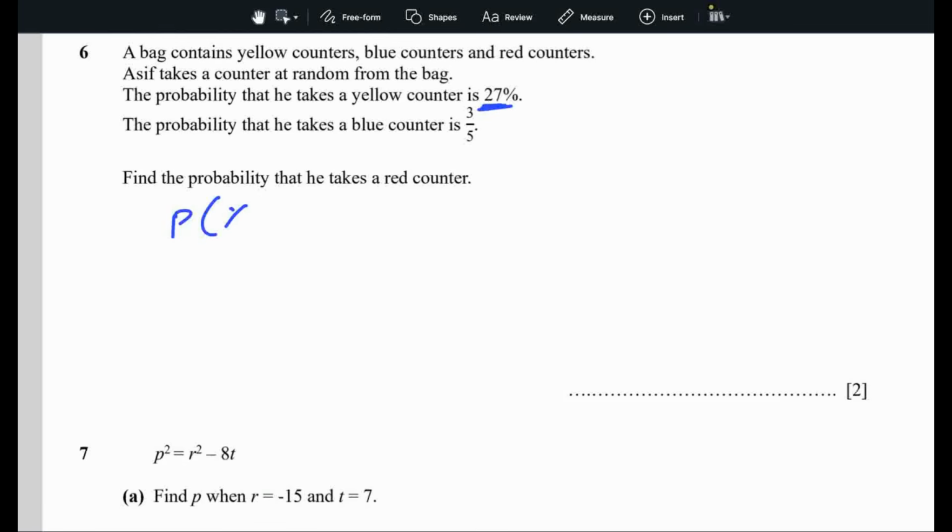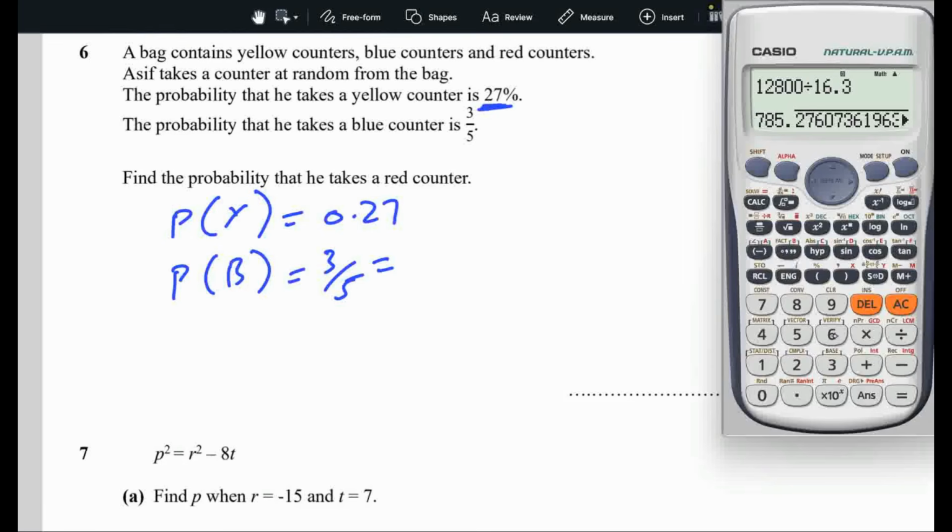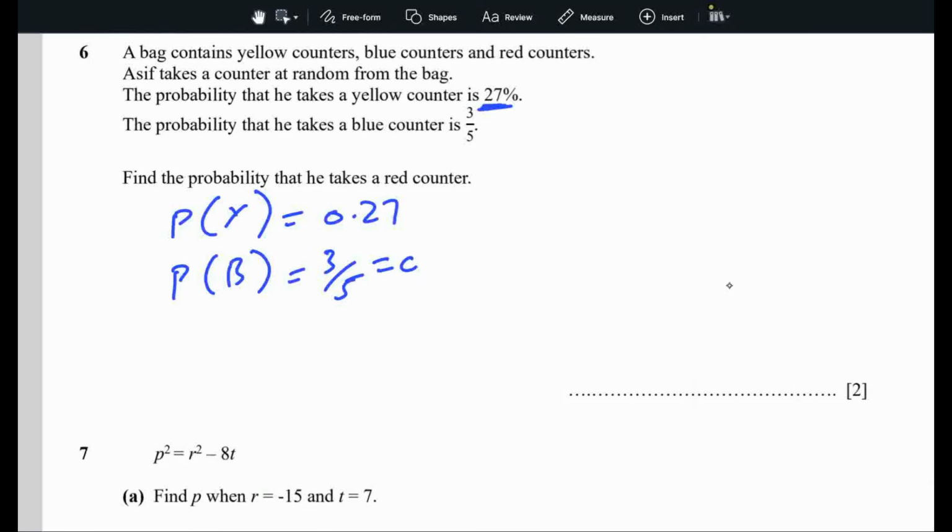So it means probability of yellow will be equal to 0.27 and probability of blue will be equal to 3 by 5, 3 divided by 5, which means 0.6. Find the probability that he takes a red counter. For red counters, we know that the sum of all the probabilities will be equal to 1. So 1 minus 0.6 minus 0.27.